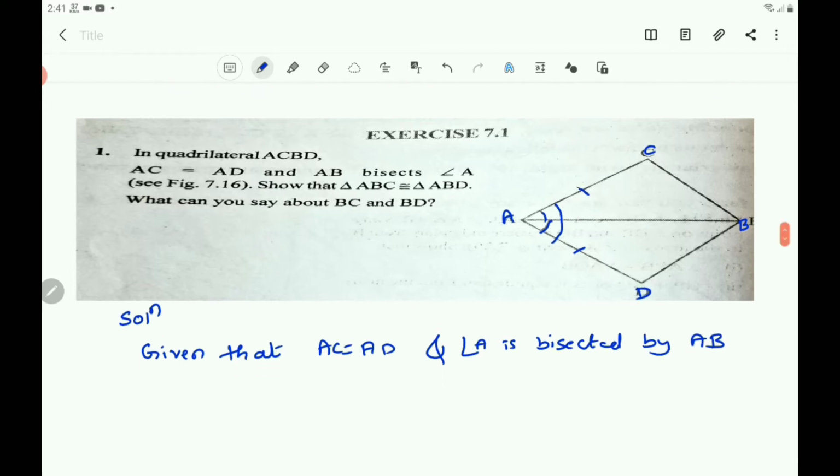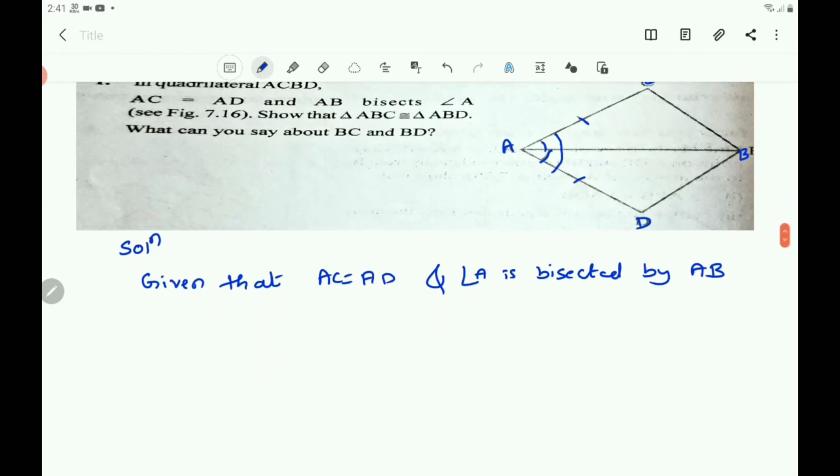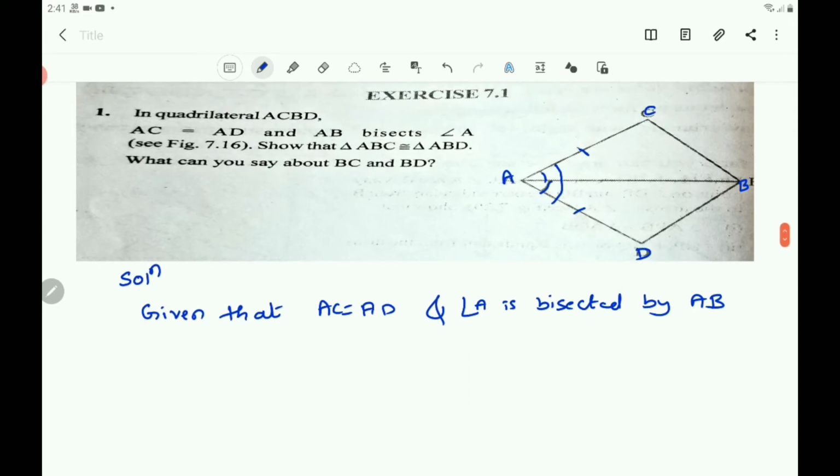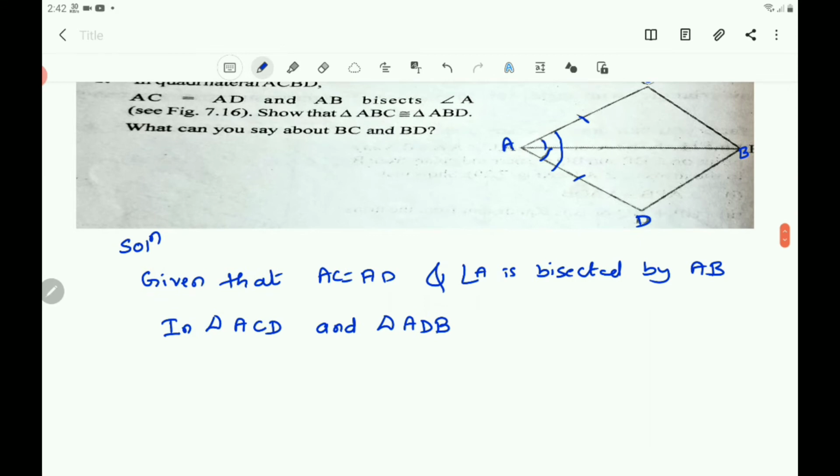Angle A is bisected by AB. Now you take the triangles made here. In triangle ACD and triangle ADB. In triangle ACD and triangle ADB.